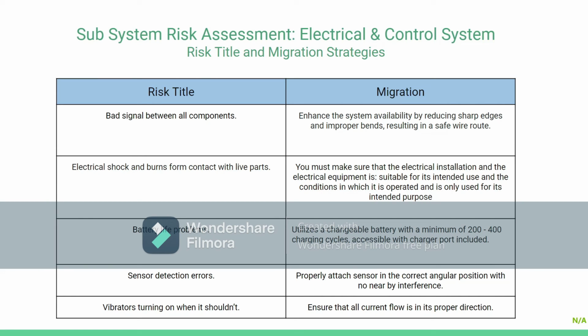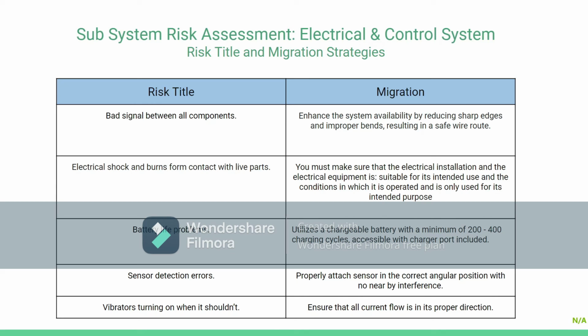Entering into what's going to be the subsystem risk assessment for my subsystem, which is the electrical and control system. The first risk is a bad signal between components, and our strategy is to enhance the system reliability by reducing sharp edges and improper bends, resulting in a safe wire route.